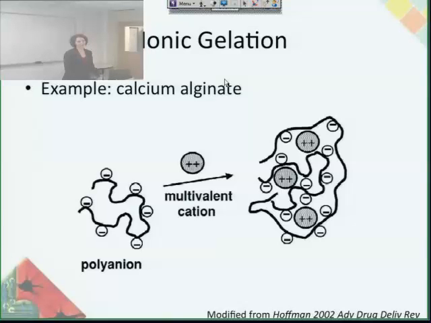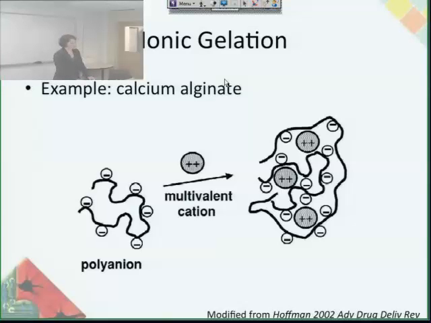And then if you're going to study these hydrogels in vitro, so in lab experiments, this hydrogel might dissolve in something like PBS that only has monovalent ions. You need to have the divalent ions to keep it together. So that's just something to think about. Okay, so those are primarily your physical hydrogels.